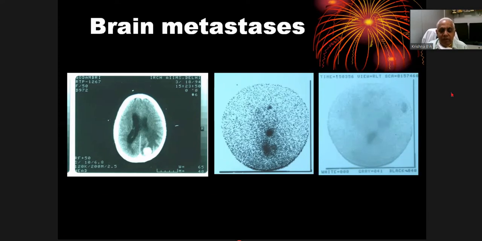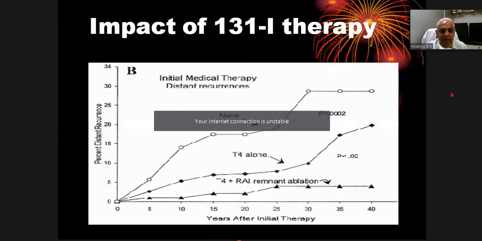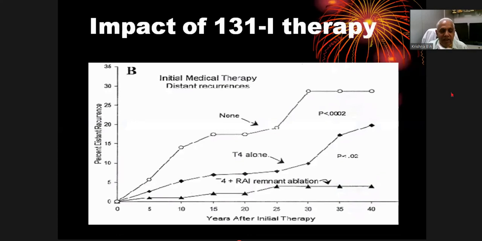Now, what is the impact of radioiodine treatment in thyroid cancer? If you look at these 3 graphs, when I give only thyroxine as a suppressive therapy, recurrences start coming.